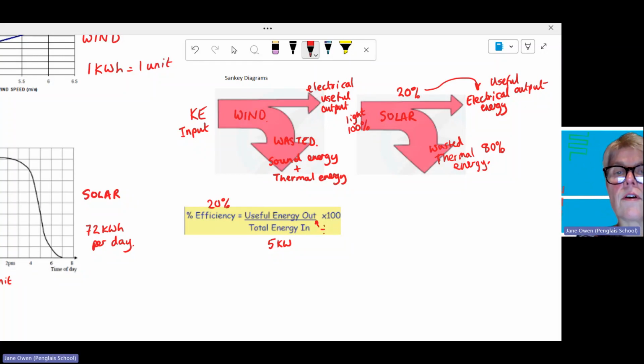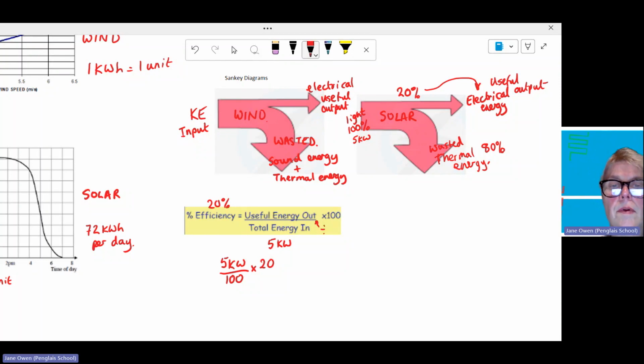So if you've got 5 kilowatts going in, and that represents 100%, then you divide that by 100% and times it by 20% to work out what the useful energy out would be.